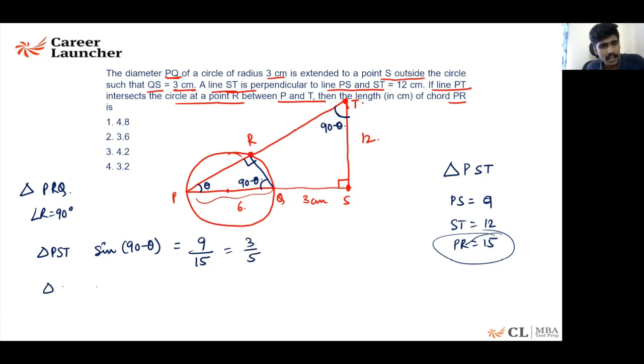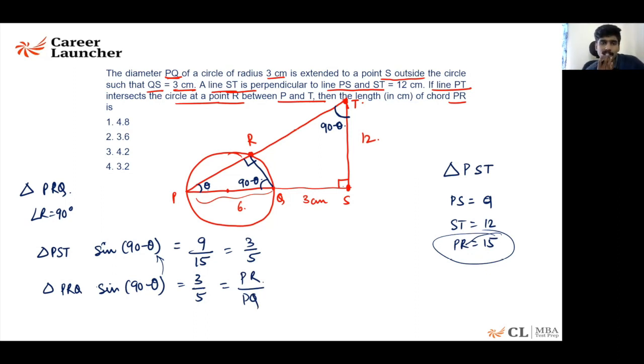In the smaller triangle PRQ also, sine of 90 minus theta should be the same, 3 by 5, which is equal to PR by PQ, opposite side by hypotenuse.